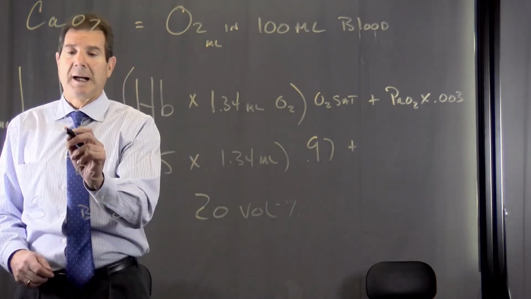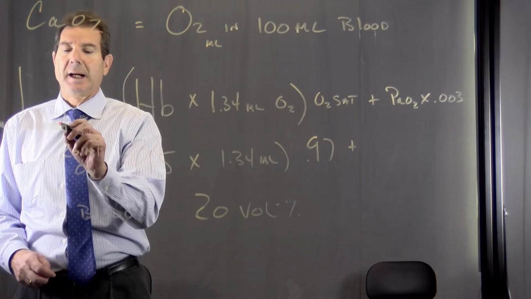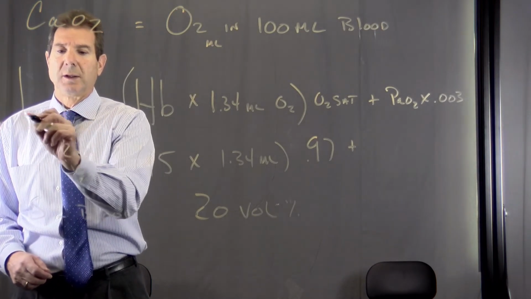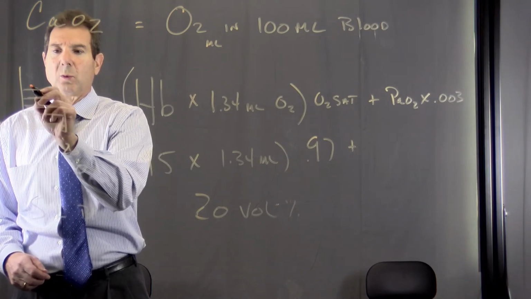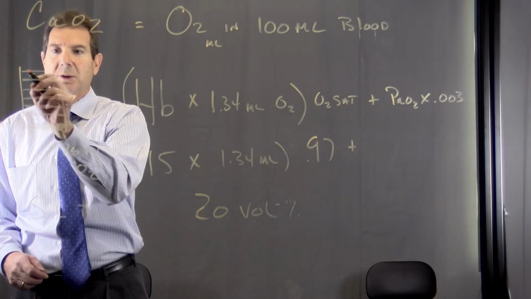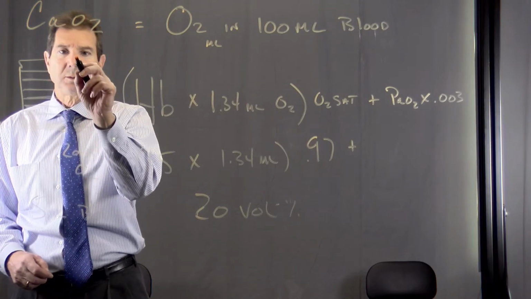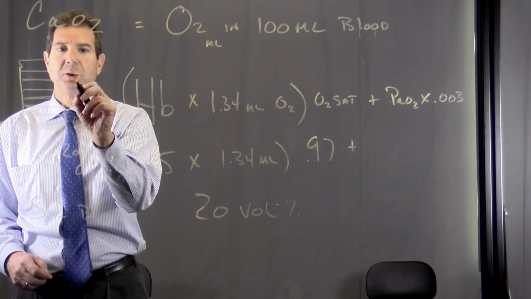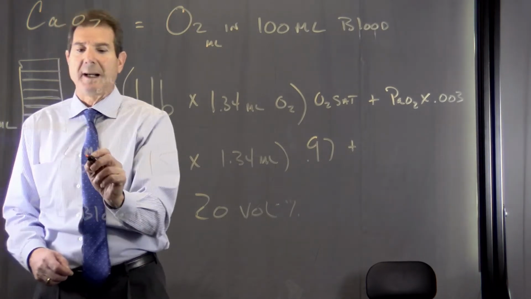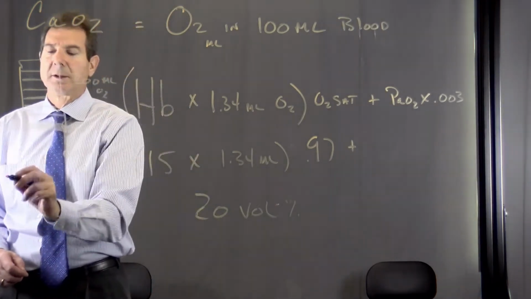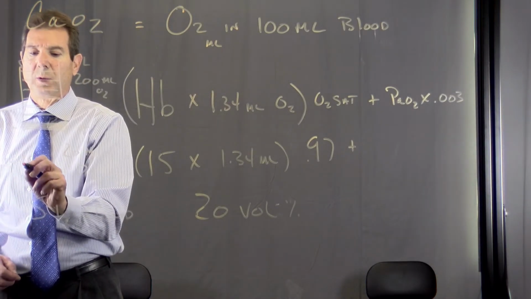So if I figure out how much is in 100 milliliters, and in 1 liter, I have 10 of these 100 milliliter sections, I will come up with in 1 liter of blood, I will have 200 milliliters of oxygen, because it's 10 times 20. 20 in 100, and I have 10 of those in 1 liter.